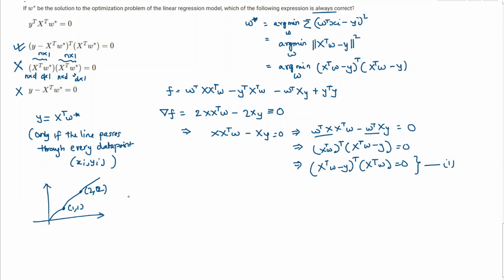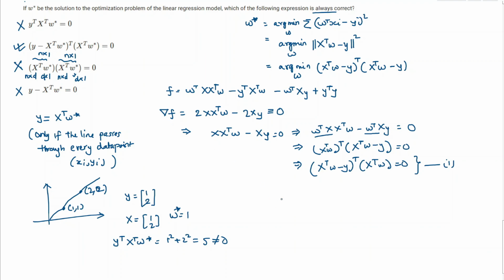Now, what is y here? Y is nothing but the vector 1 2, and x is also 1 2, and W star is a scalar which is 1. Now if I do y transpose x transpose w star, I would get 1 square plus 2 square, which is equal to 5. That's definitely not 0. So the first option is definitely false.